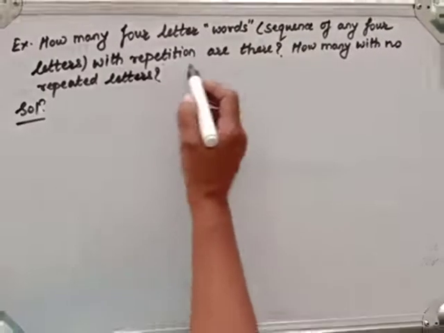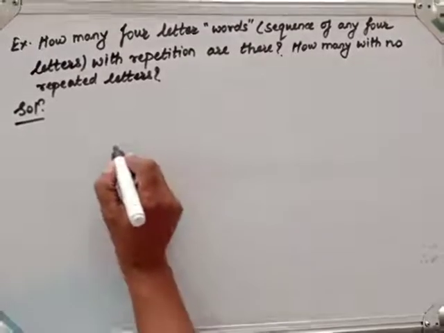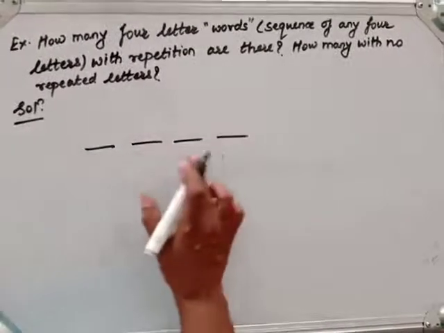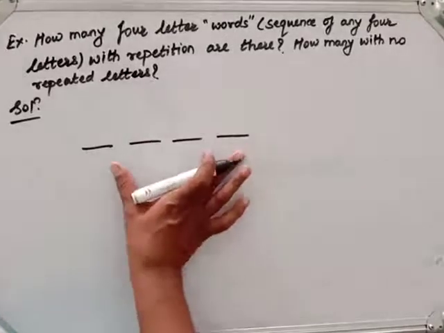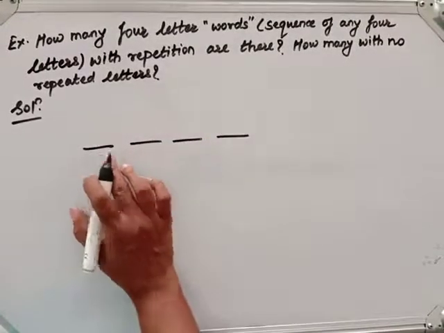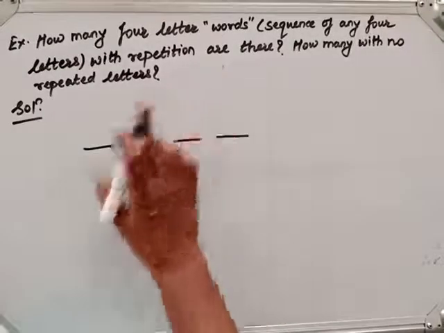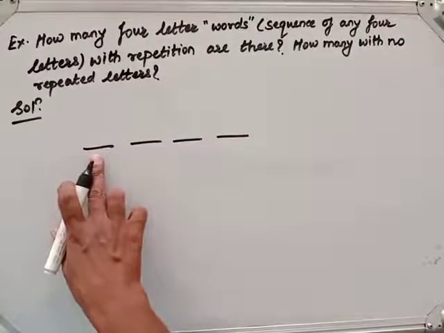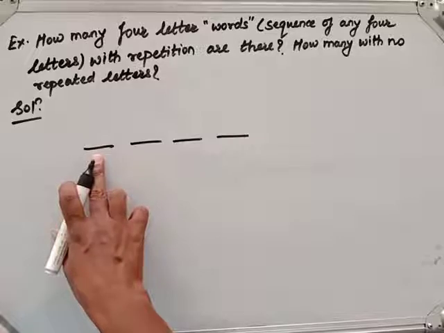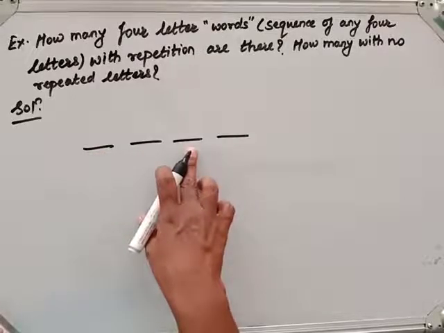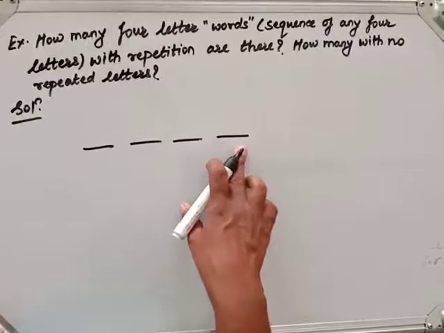So now with repetition are there. 4 places we have to, 4 letter word we have to make. So the repetition is allowed. So as the repetition is allowed, for this place we have 26 choices. Again for this one we have 26 choices. This one also we have 26 choices and this one also we have 26 choices.